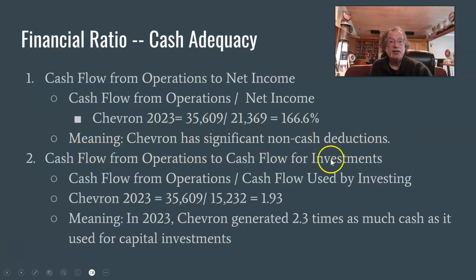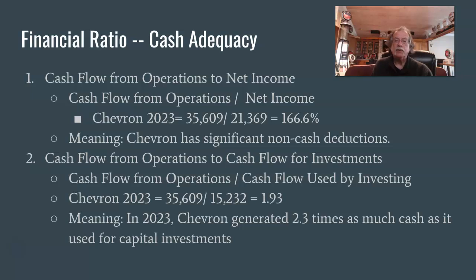Cash flow from operations to cash flow for investments. So Chevron's earning $35 billion a year. They're spending $15 billion a year on new investments. Now, this clearly has to be greater than 1 over the long haul. But the idea is that Chevron is generating a lot more cash than it's reinvesting in the company.